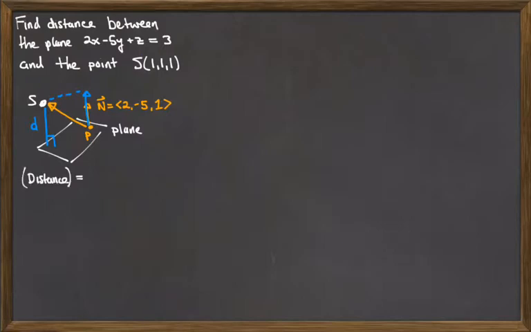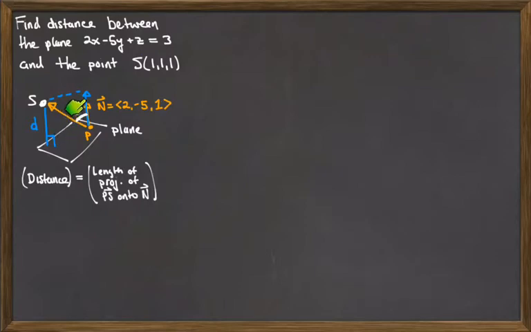So the distance that we're after is the length of the projection of this vector PS onto my normal vector here. And because all of this is sitting in some sort of right triangle, if I focus on the angle between these two vectors, I should be able to relate it to the appropriate trig ratio and therefore the appropriate vector operation. I'm going to call the angle between the two vectors theta.